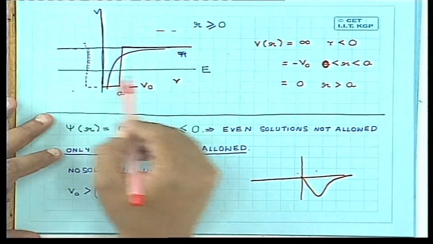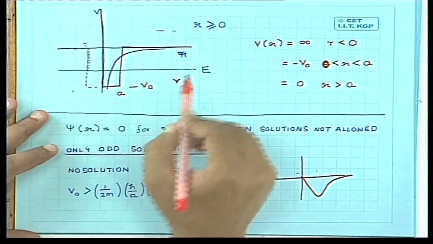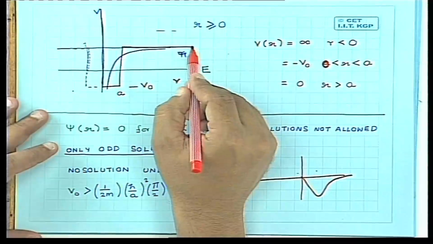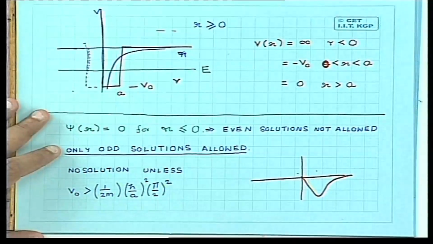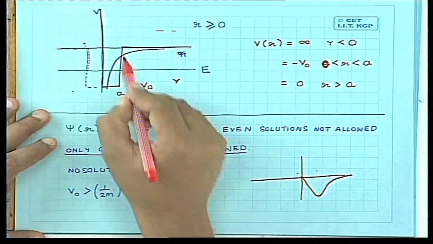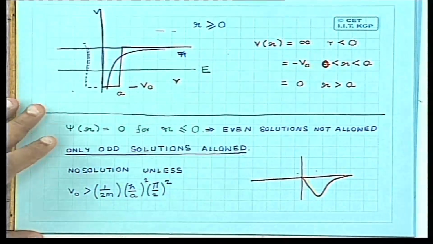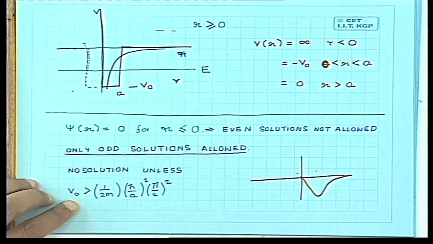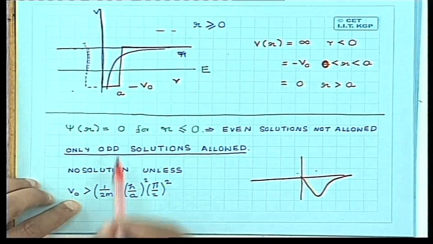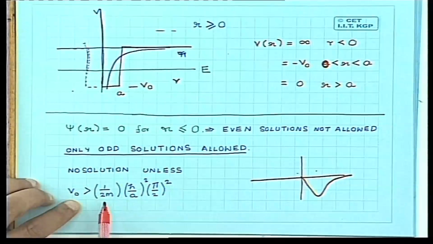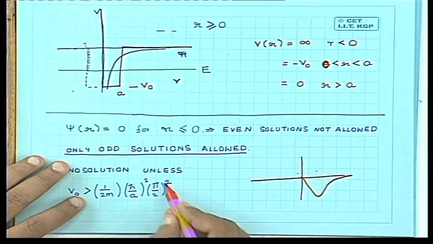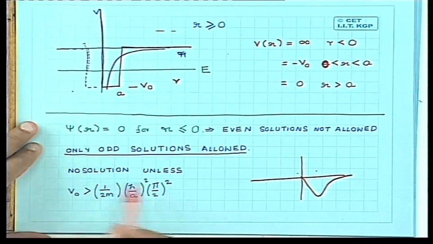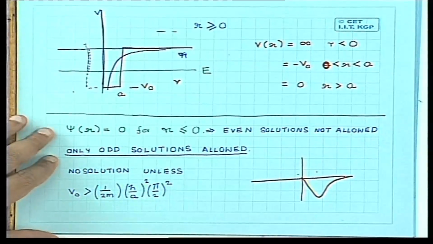So if there is to be a bound state, if there has to be a solution with energy less than 0, which is less than the value at infinity for the potential, then the depth of the potential well should be greater than this value over here, 1 by 2m times h cross by a whole squared, times pi by 2 whole squared. So the potential should be at least deeper than this.